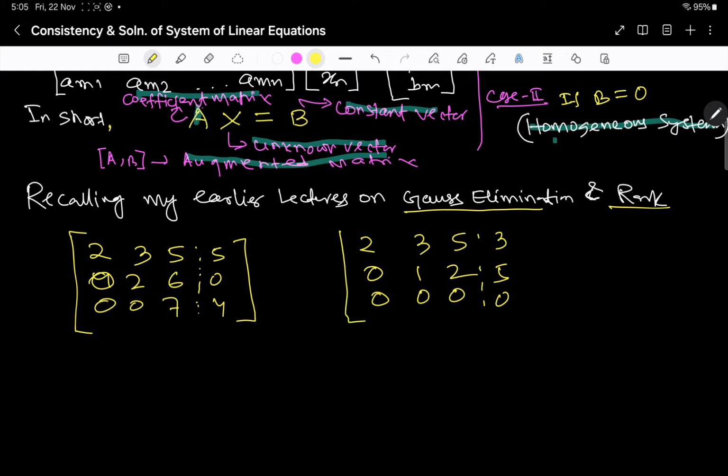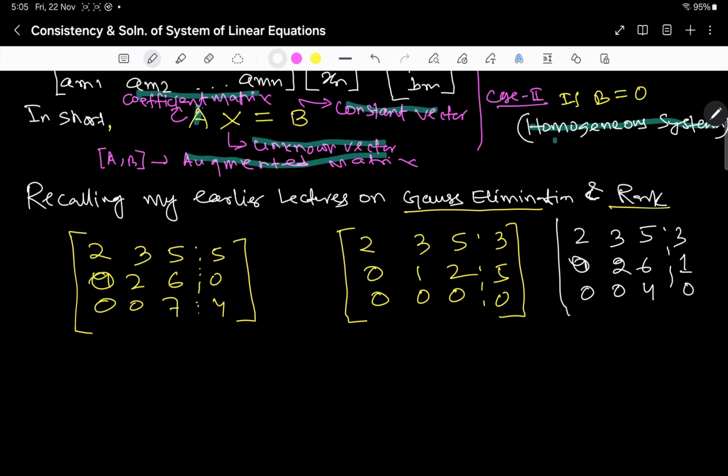The situation may arise like this. Or suppose it is 2, 3, 5 / 0, 2, 6 / 0, 0, 4, with 3, 1, 0. A situation may arise like this. So in the first case, you see here, x, y, z is my variable, 7z is equal to 4.